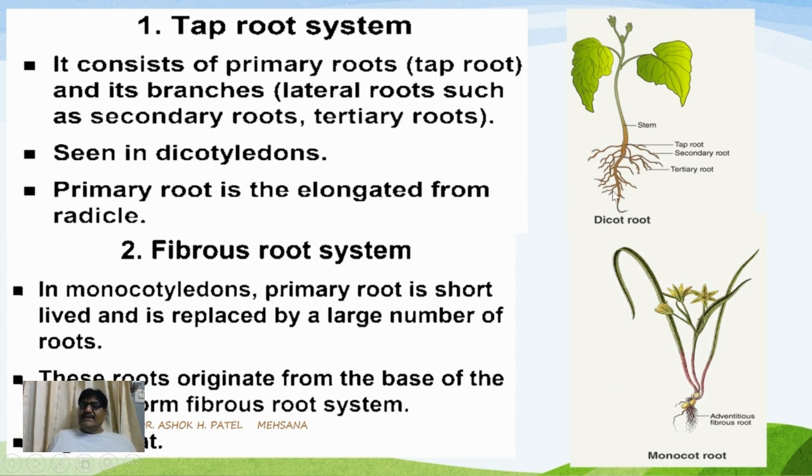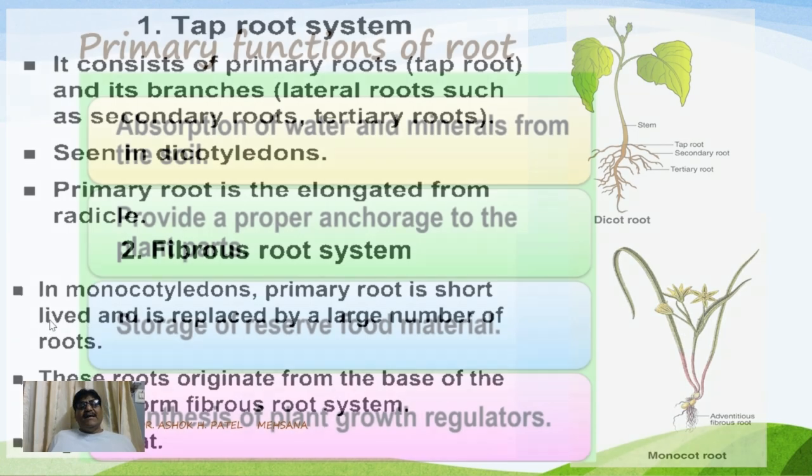Here you see the primary root and those are the secondary roots. Then the fibrous root system in monocotyledons: the primary root is short-lived and replaced by a large number of roots with a fibrous structure, so it is called the fibrous root system. These roots originate from the base of the stem. An example you know very well is wheat and other grain-yielding plants.